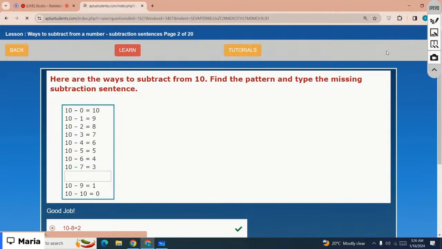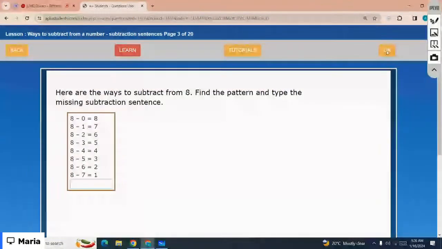The next one is: here are the ways to subtract from 8. Find the pattern and type the missing subtraction sentence. So which is the correct option?